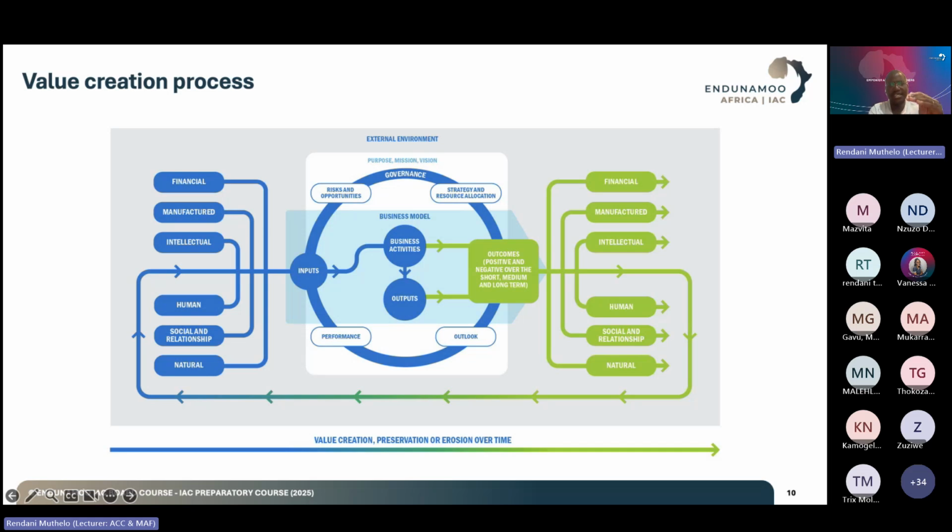External environment, that's where we are saying that it is overarching every decision-making process that we've got, and as a result we need to be mindful of it.